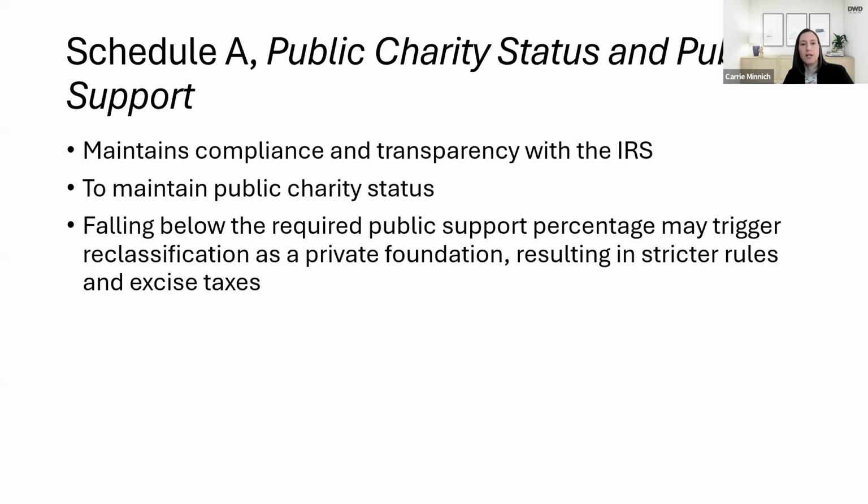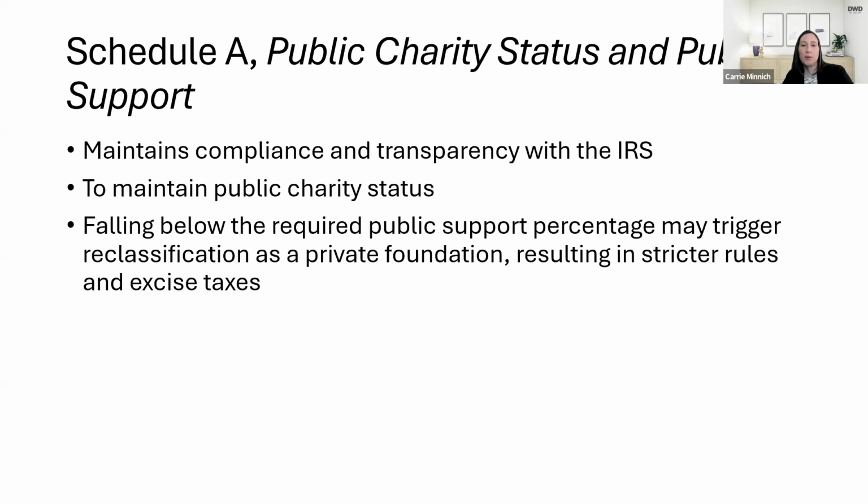If you get money from a whole bunch of different sources, a whole bunch of different individuals, foundations, fees, you're getting support from the public in general. So you are publicly supported. If your organization is getting money from one source, for example one family that starts a foundation, or from very few foundations, donors or corporations, you are considered a private foundation.